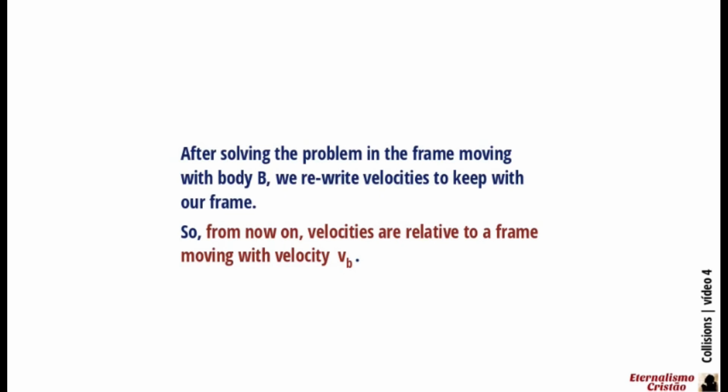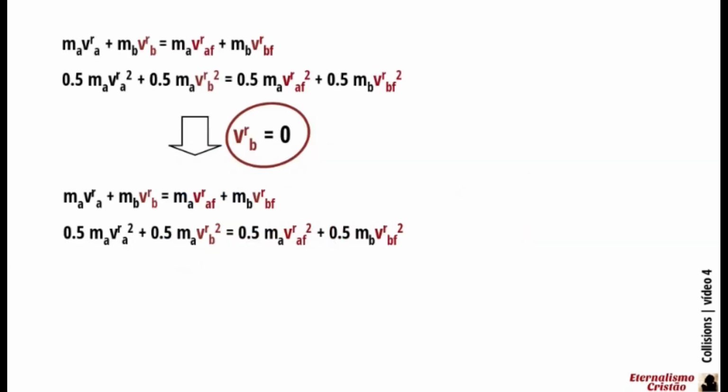After solving the problem in the frame moving with body B, we rewrite velocities to keep with our frame. So, from now on, velocities are relative to a frame moving with velocity VB. As relative initial velocity of body B is null, we can greatly simplify both equations.